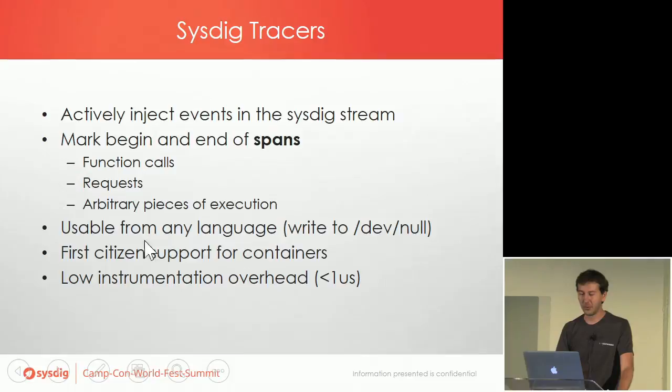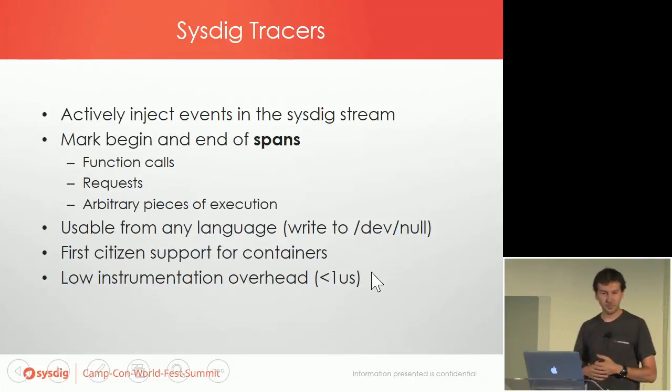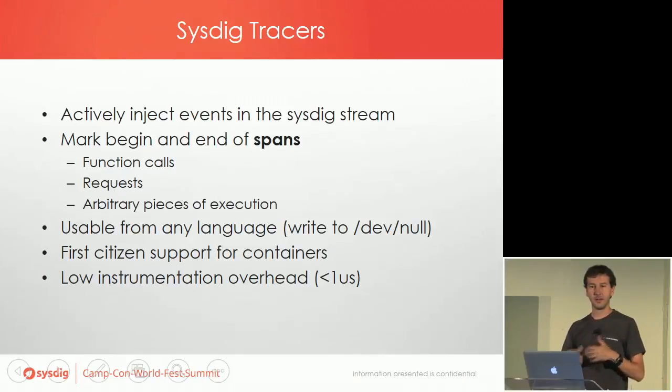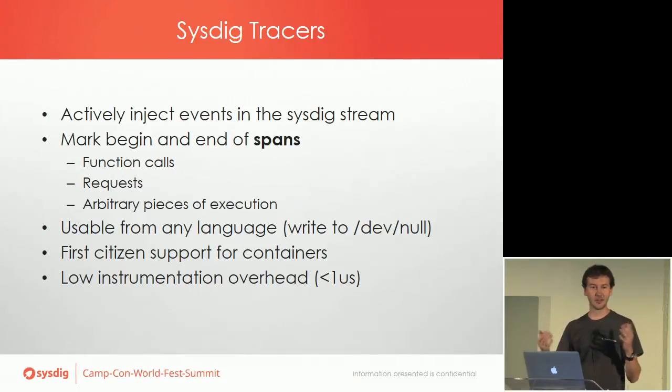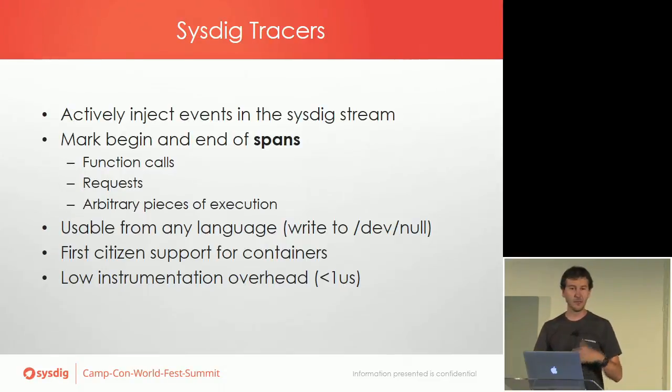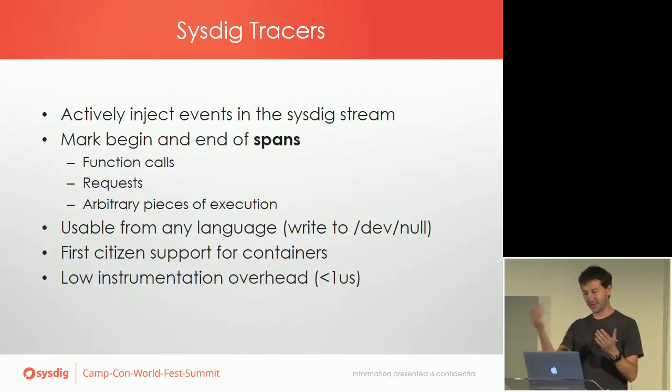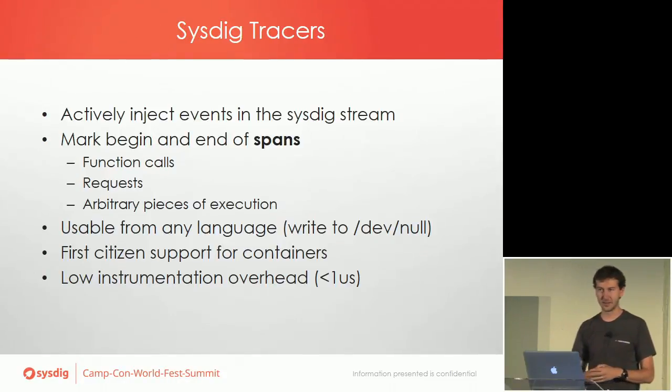So we want containers to be first-class citizens in this kind of functionality. And /dev/null is always there. It's available no matter what. Even in the simplest possible container, /dev/null is always there. So if you can write to /dev/null, you can emit a Sysdig tracer. And if you do it from inside the container, we're still able to capture that write, and we're still able to inject it inside the stream.